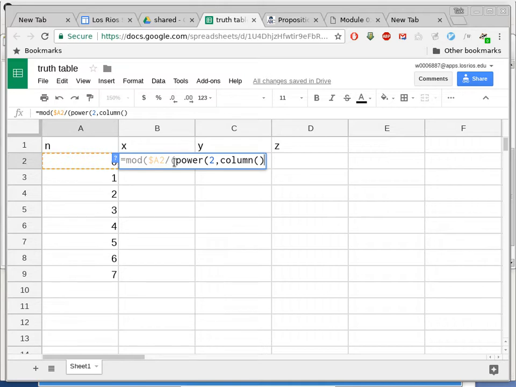This is 1 oriented, if I remember correctly. So you have to subtract 2 in this case because the cell itself is B2. You subtract 2 so that the column of 2 becomes 0. That specifies the power. And then you're modding this with 2.